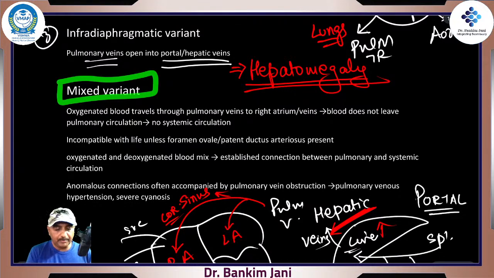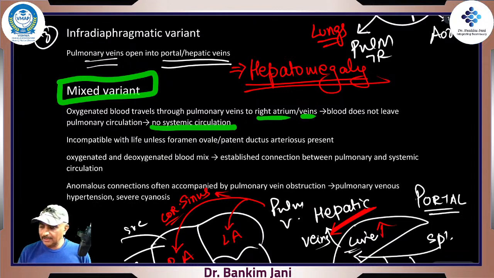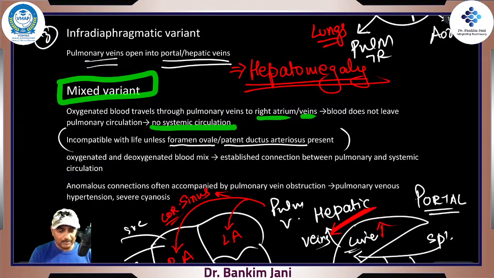So oxygenated blood travels through the pulmonary vein to the right atrium, to the right side, right? Blood does not leave the pulmonary circulation, so there is no systemic circulation. This is incompatible with life unless once again lifesavers have come: foramen ovale or patent ductus arteriosus present, right?